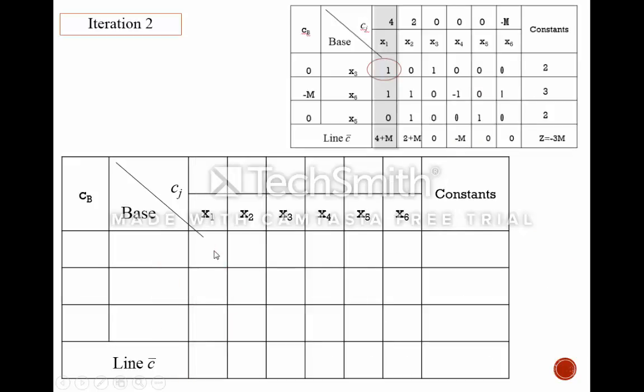Okay, now we continue to iteration 2. We put the constraints on table 2, and we put the maximize row, and the base is x1, x3, and x5. x1 comes in because we get the result from x1.